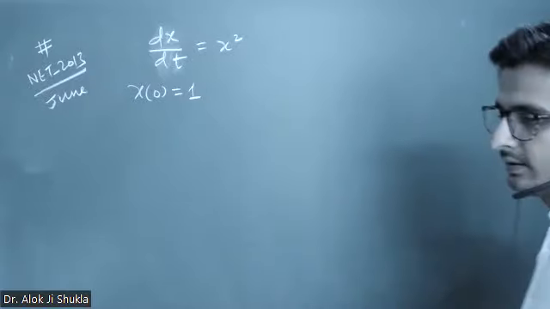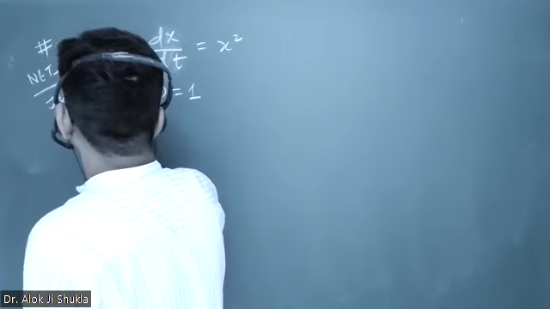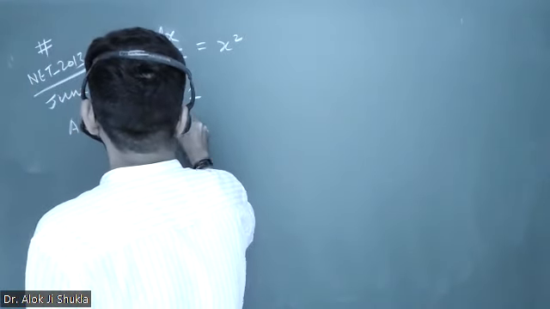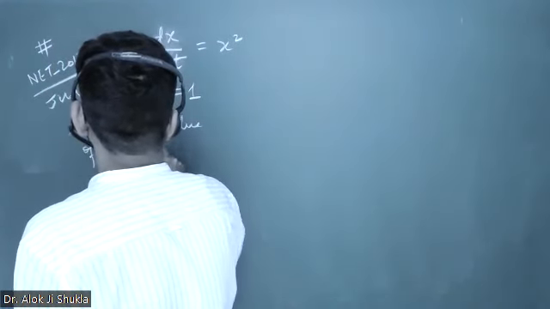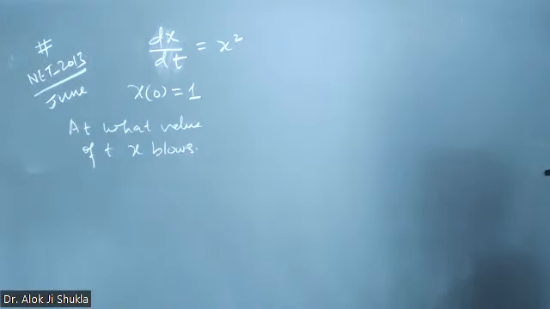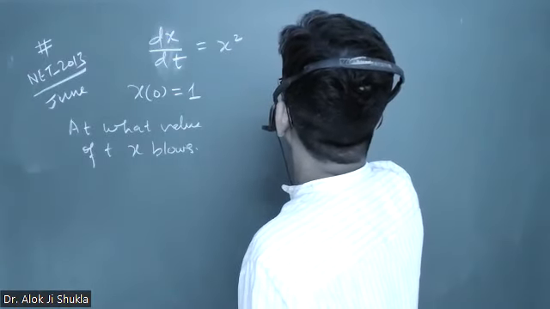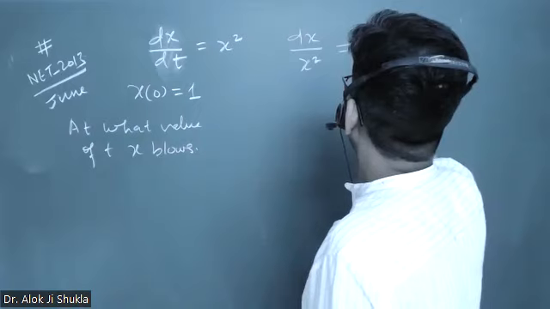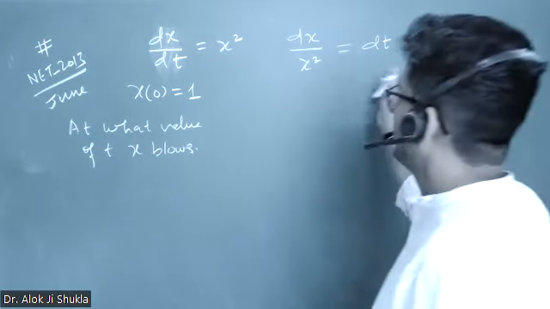And we have to tell at what value of t x blows. Blows means it becomes infinity. Okay. So let us solve this. It will be dx over x square is equal to dt. So variable separable.